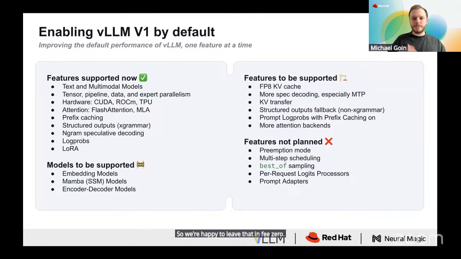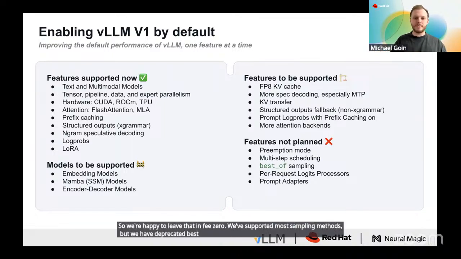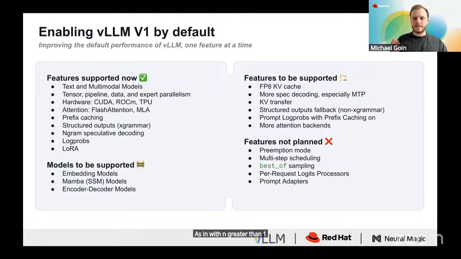We've supported most sampling methods, but we have deprecated best-of just because we don't see a lot of usage, and it's been deprecated by most APIs, and just adds unnecessary complexity. However, parallel sampling, as in with n greater than 1, and beam search are supported and will be supported. Other things we're removing are per-request logits processors.